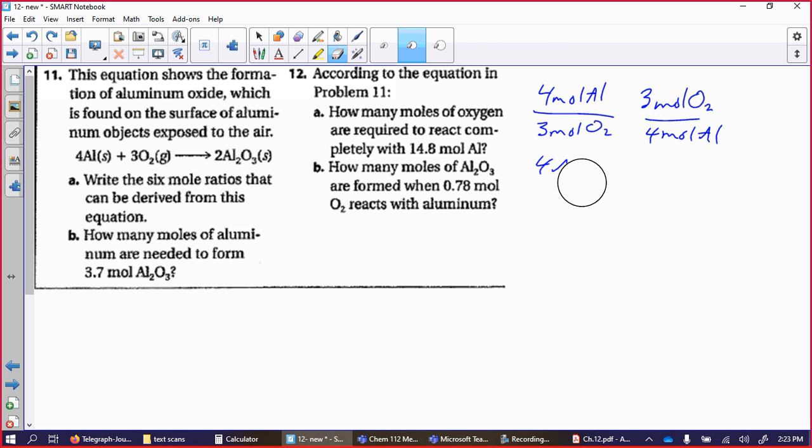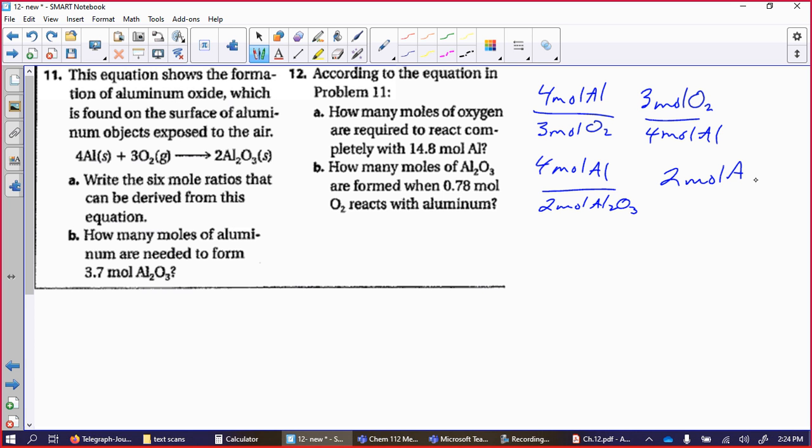Some people don't put moles in there. I like it. And even though those are fractions that you can simplify, because it's a mole ratio, we don't actually do it. So we need 3 moles of oxygen.